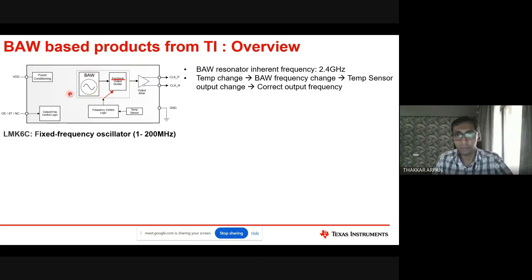Whatever BAW frequency we are using, right, that is 2.4 gigahertz. That is what we are using currently. This BAW will have 2.4 gigahertz, but it will vary across temperature. So what will happen if temperature changes? BAW frequency will change.